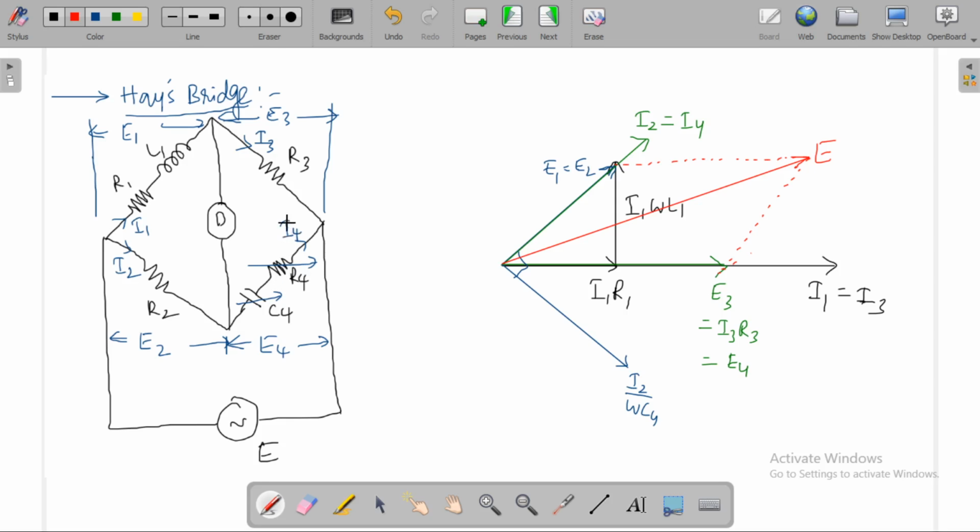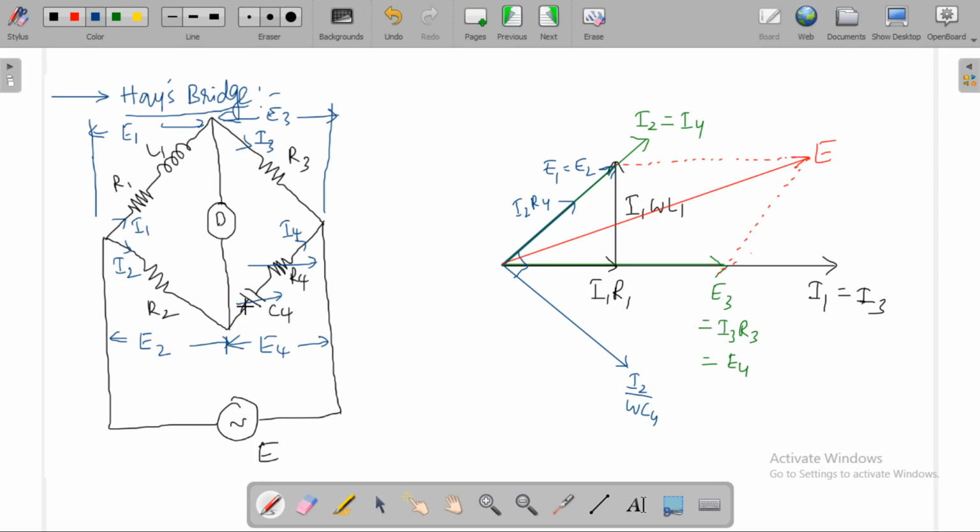Sorry, the voltage across R4 will be in phase with I2 or I4. So this will be I4 R4.